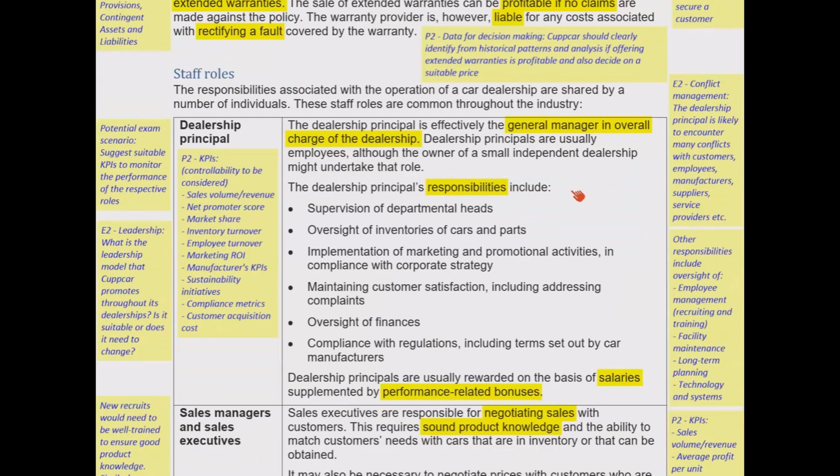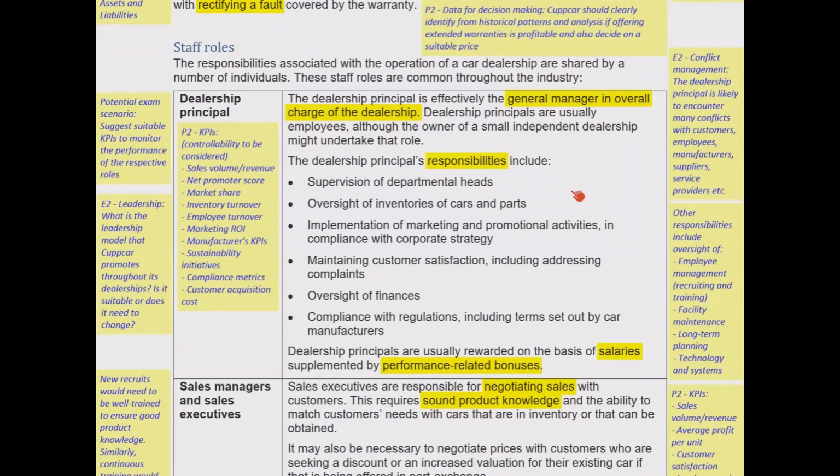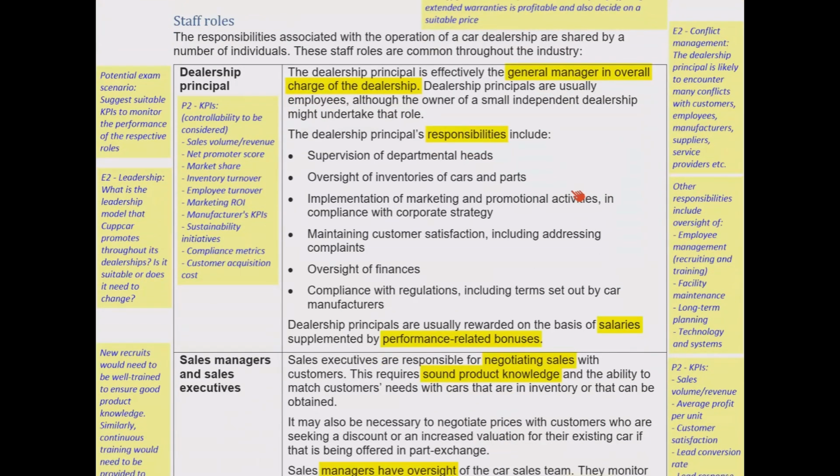Okay, good. So just to take us to the end now of looking at the industry in our pre-seen, we've got some information about different roles within the dealerships themselves.